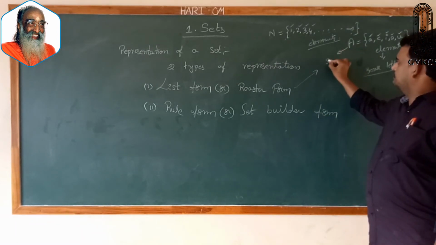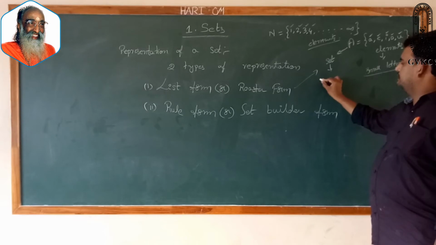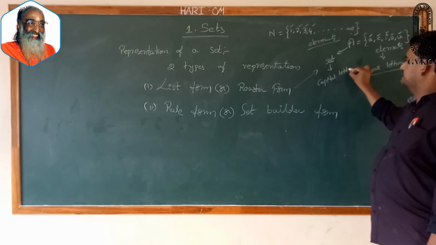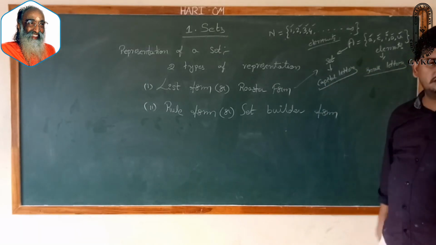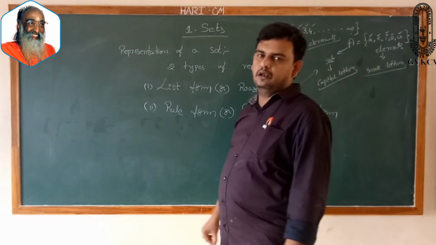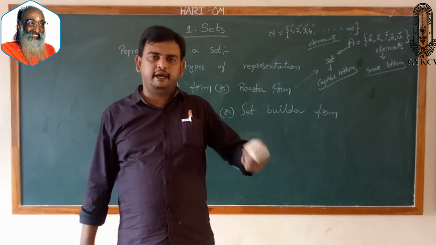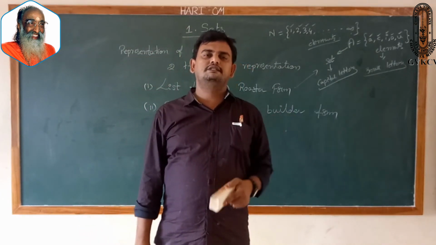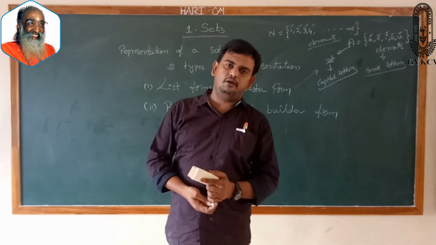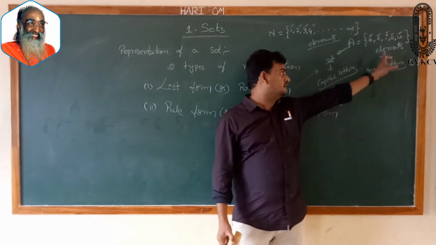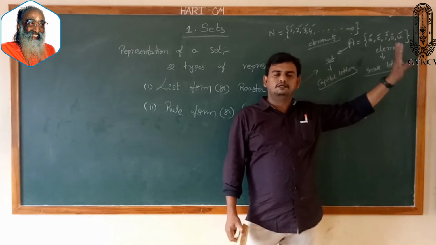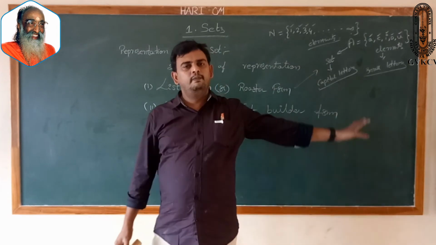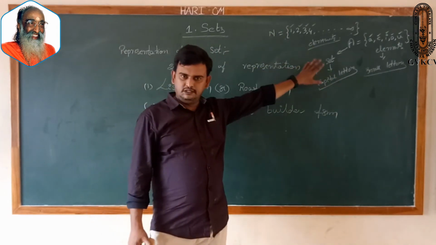And here capital A represents the set. Sets are always denoted with capital letters: capital A, capital B, capital C, and so on. In that set, whatever elements we have, we represent with lowercase letters like a, e, i, o, u. So, this is about sets.